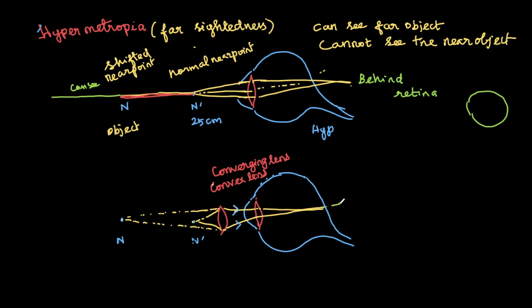So the image will be formed on the retina when we use the convex lens. Convex lens is a converging lens, a corrective lens. By using this lens, the hypermetropic person is able to see the nearby object clearly because the image is formed onto the retina.